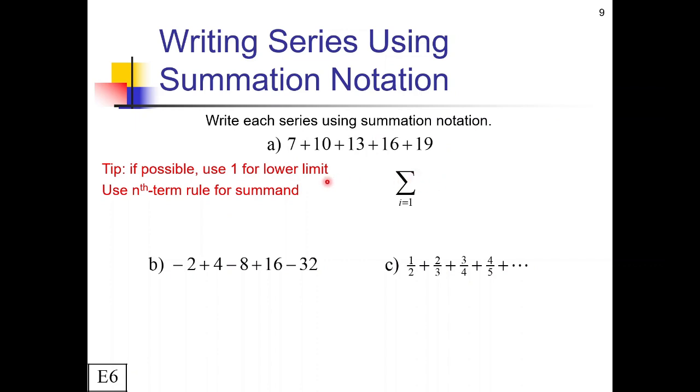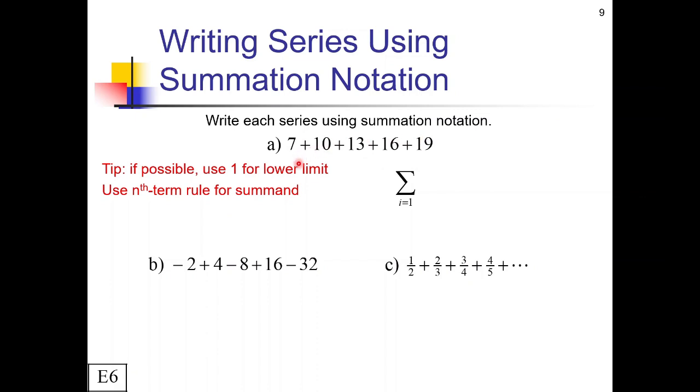So let's think about this. We've got these numbers where it looks like we're adding 3 each time. So this looks like a multiple of 3 sort of situation. If I just write out the multiples of 3, I've got 3, 6, 9, 12, and 15. It looks like in each of those cases, my multiples of 3 are almost what I need, except they're 4 less than the numbers in my series.